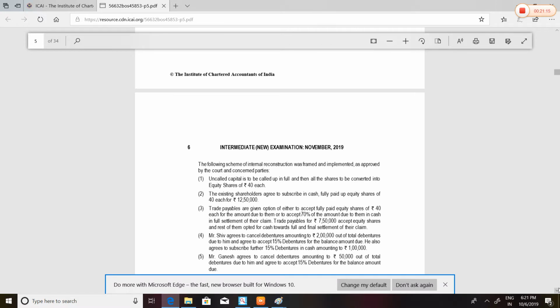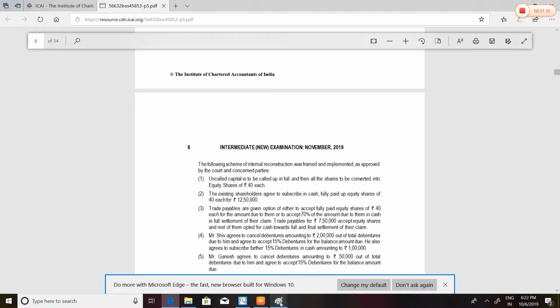See, the amount here is 3 lakhs and 4 lakhs.